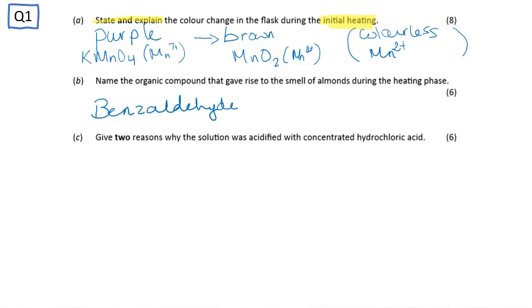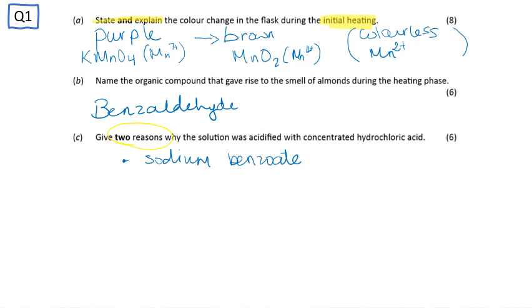Part C, give 2 reasons why the solution was acidified with concentrated hydrochloric acid. So there's 2 reasons they want here. However, we kind of explained 3 reasons when we were going through this in class, so we list those out. The first and most important one is to convert the sodium benzoate, because remember, we don't make the carboxylic acid straight away, we make the salt.